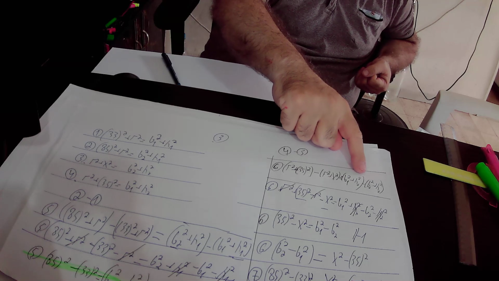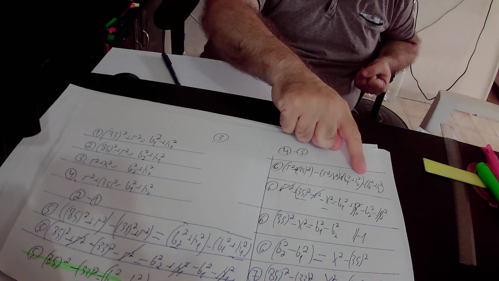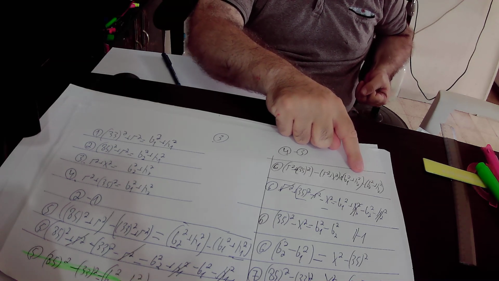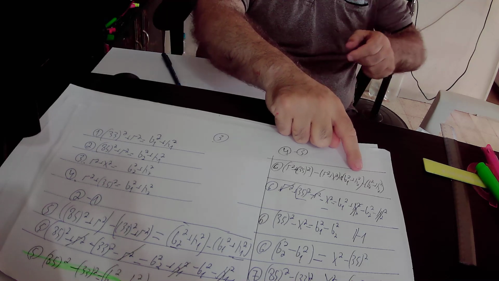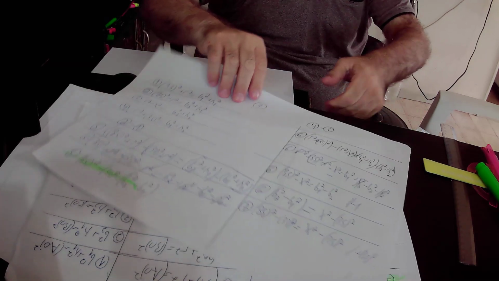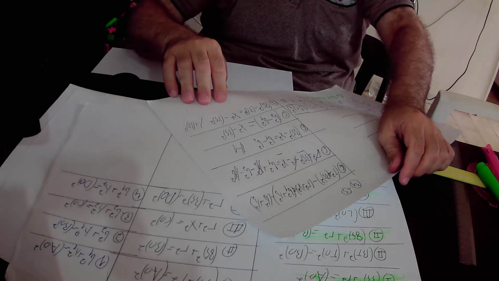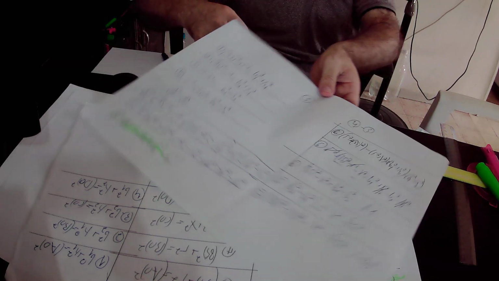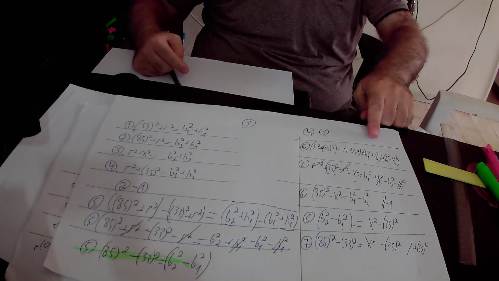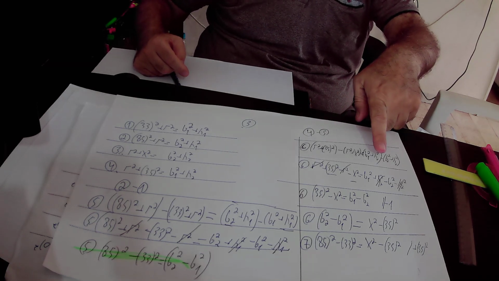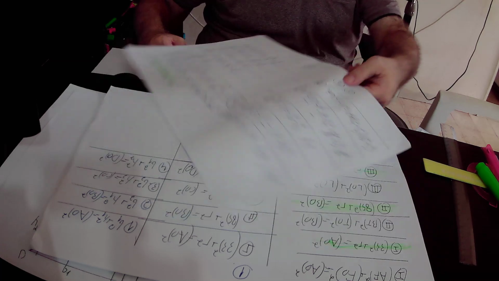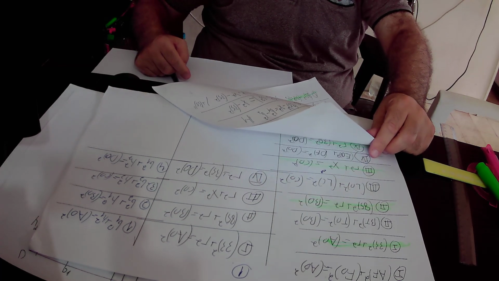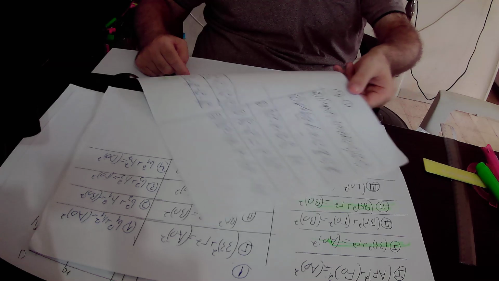We open the brackets here, so we have minus before the bracket, so it will become minus b1 square minus h2 square. R square minus r square is 0, and here h2 square minus h2 square is 0.